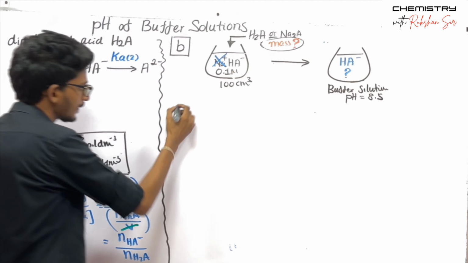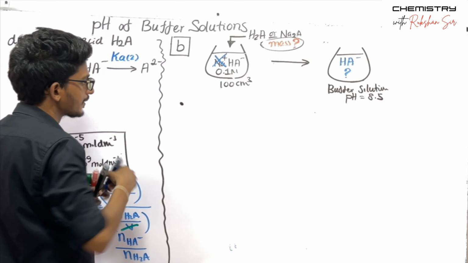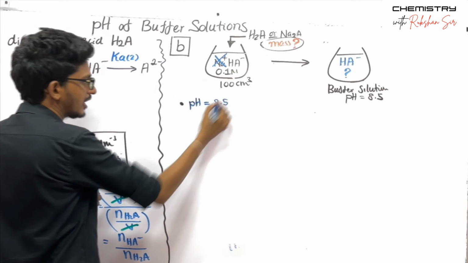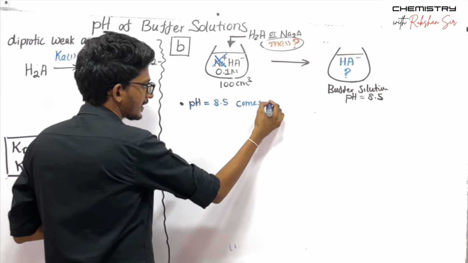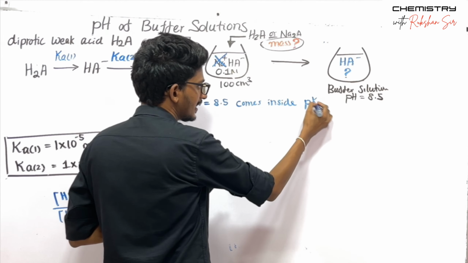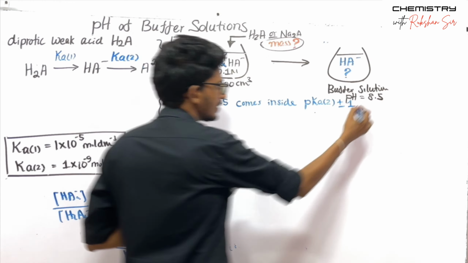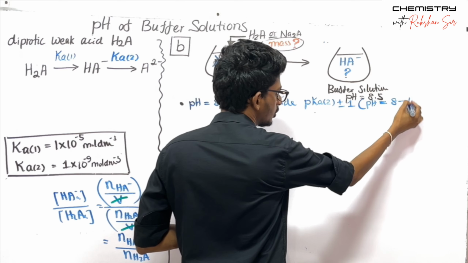So we can say pH 8.5 comes inside pKa2 plus or minus 1. That means pH range 8 to 10.